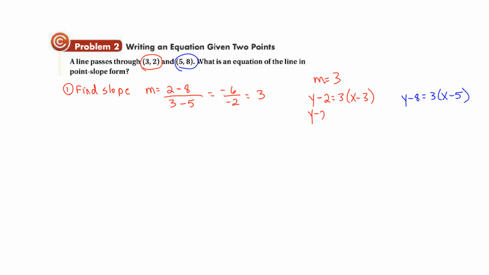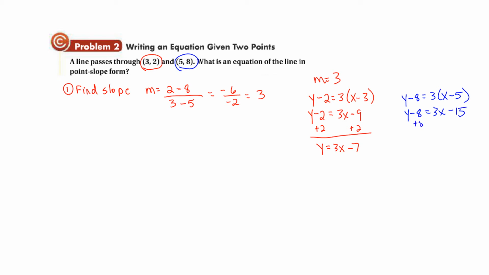I've got y minus 2 equals 3x minus 9. And if I get my y by itself, I add the 2 to both sides, and I get y equals 3x minus 7. Over here on the other side, if I do my distributive property, I get 3x minus 15.